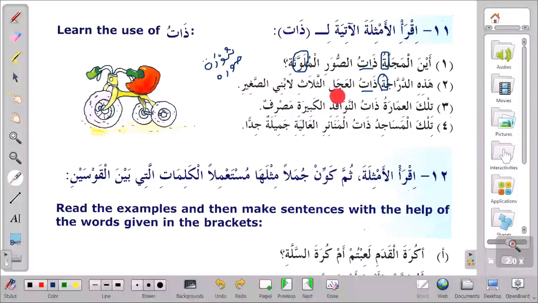So I hope the sentence is clear. Hazihi darajatu, this bicycle, zatul ajali salasi, with 3 wheels, li ibni is for my child, as-sagir is for my small child. I hope that is clear.